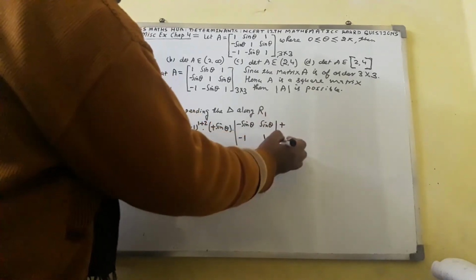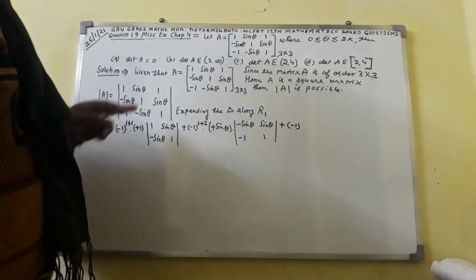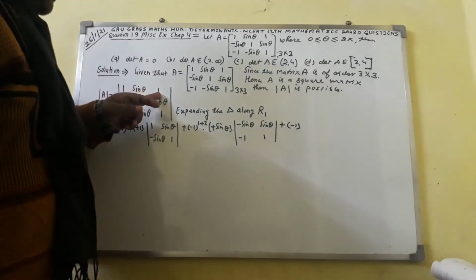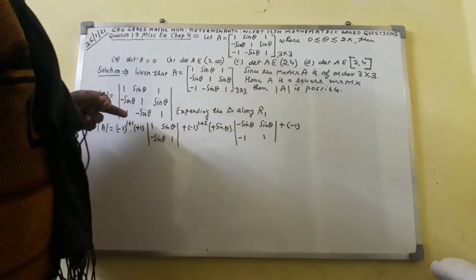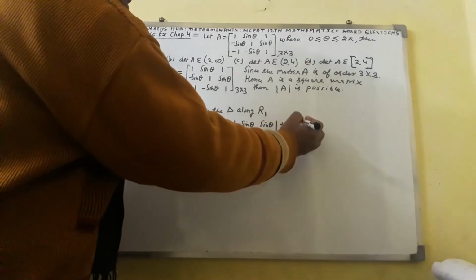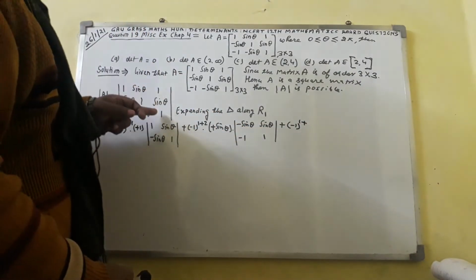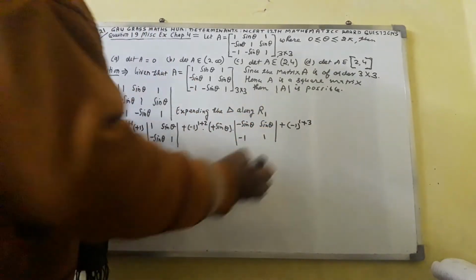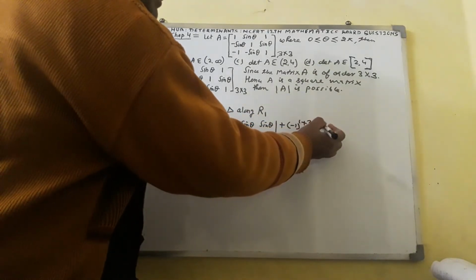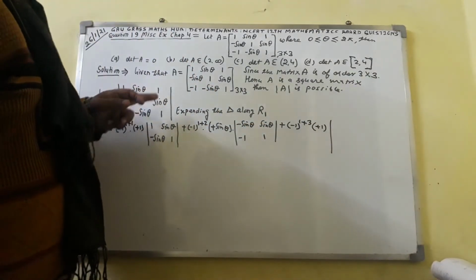Plus minus 1 raised to power. Here 1 is there, so 1 is there in first row. For first row I shall write here 1 and this 1 is there in third column. For third column write here 3. Here plus 1. Now get the minor of plus 1 here.